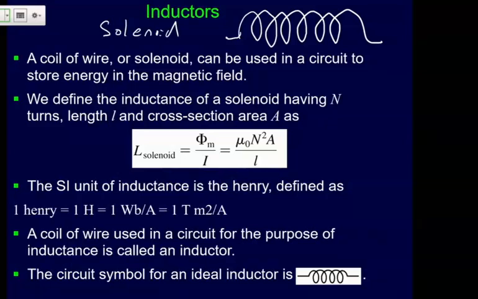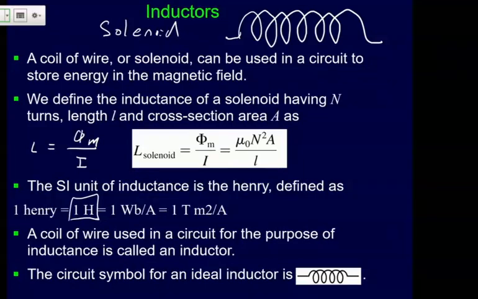We define the inductance of a solenoid with the letter L. The definition is just the magnetic flux, which we know a lot about, divided by the current. The unit for inductance is the Henry. A coil of wire is used in a circuit as an inductor, for different reasons, as we'll see.